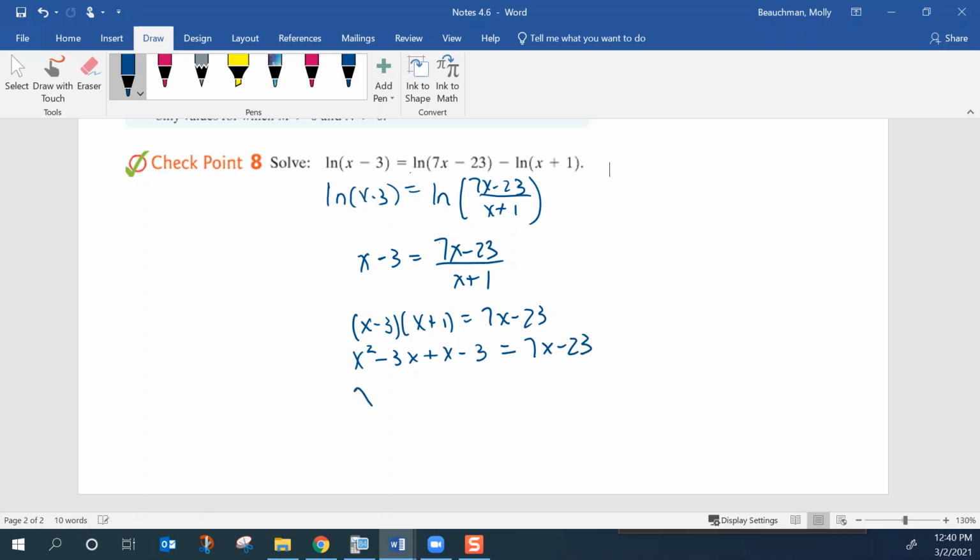It's a quadratic, so get everything on one side. We have negative 3x plus x is negative 2x, and then we're going to subtract 7x, so we end up with minus 9x. We have negative 3, we're going to add 23, we have plus 20 is equal to 0.